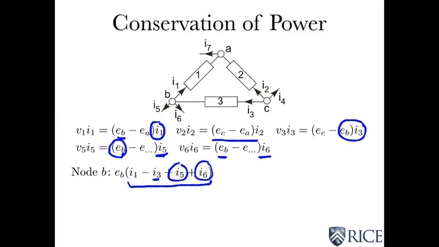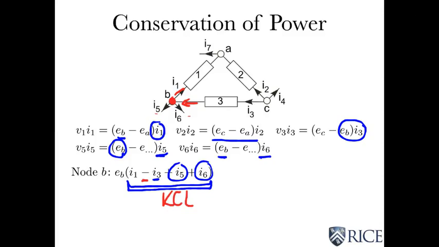Notice that this equation is the KCL equation for node B. So I1 is leaving, I3 is entering, so it gets a minus sign, I5 is leaving, I6 is leaving. So that is KCL.